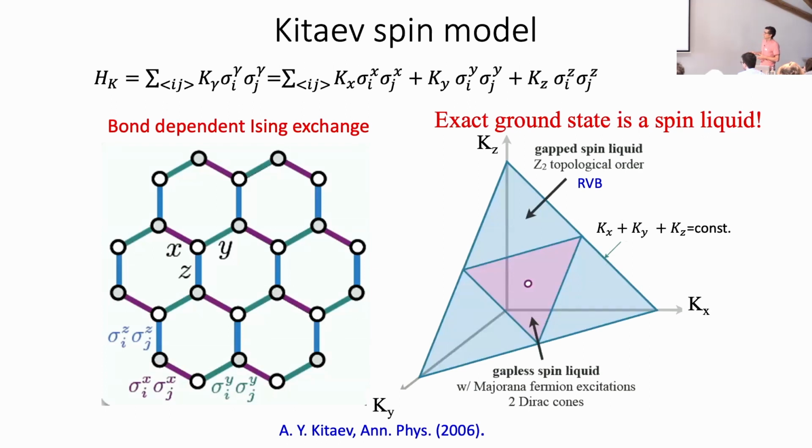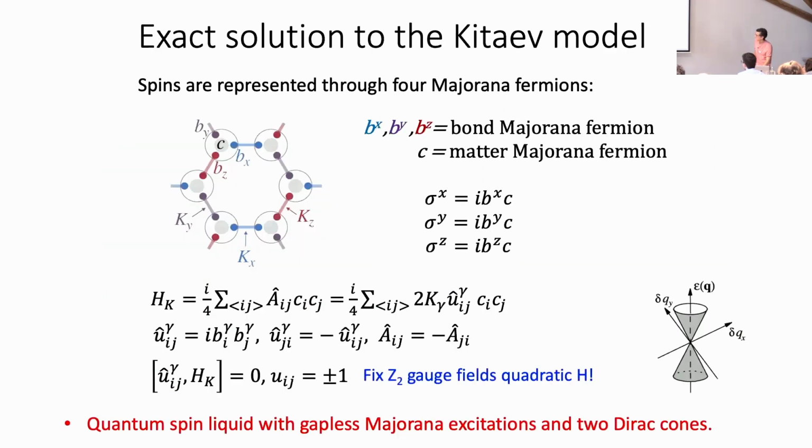And essentially in the region which I will be mostly discussing, which is this region of parameters, the three interactions are nearly isotropic. So I will be basically referring to this region where there is a gapless spin liquid with these Majorana fermion excitations and the Dirac cones.